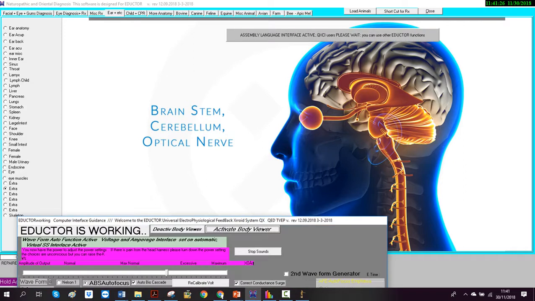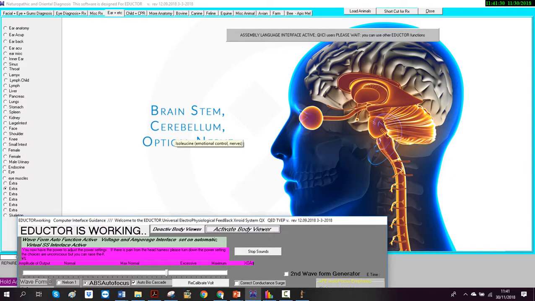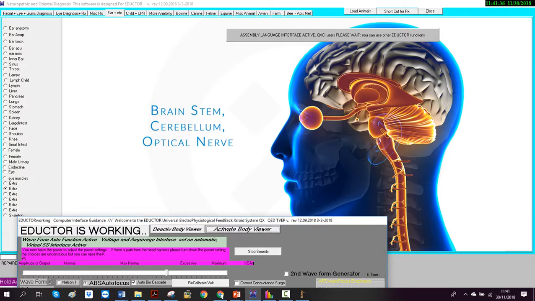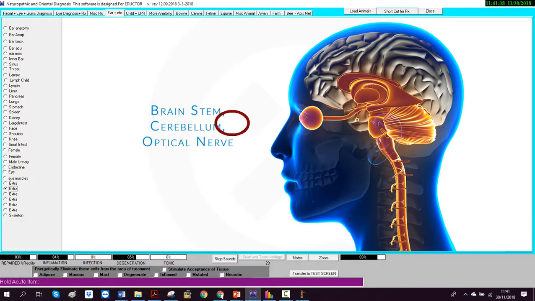And each time I just click either on the list, or the name, or in the white part of the screen, and then it will send some frequencies to help. And I always have a percentage of rectification here. And this is what is wonderful, because we can see if it is working, okay? And what is the reactivity of the client.